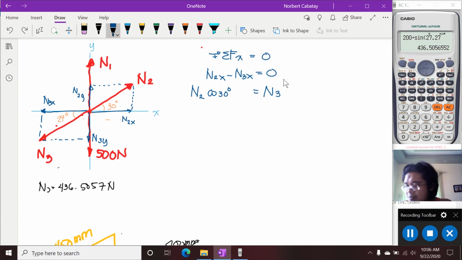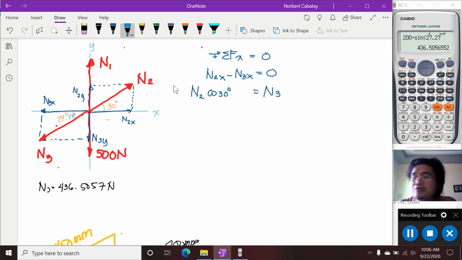Sakto ba yung 27 pala kanina? 27.27 pala yun. Hindi siya sakto.